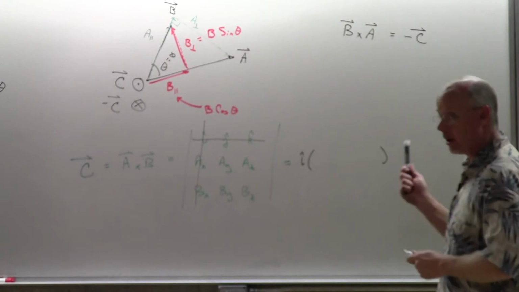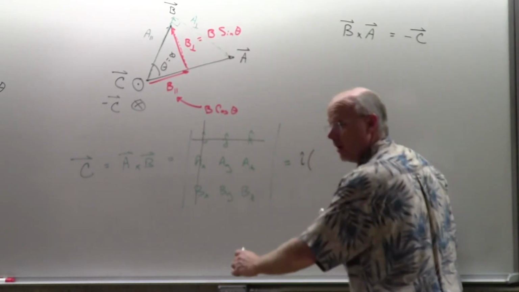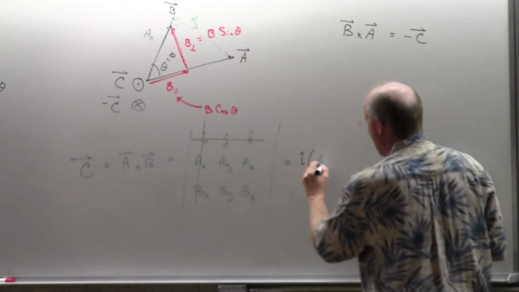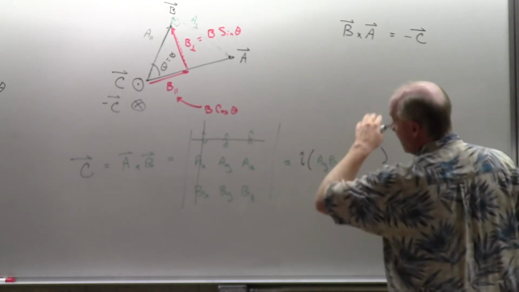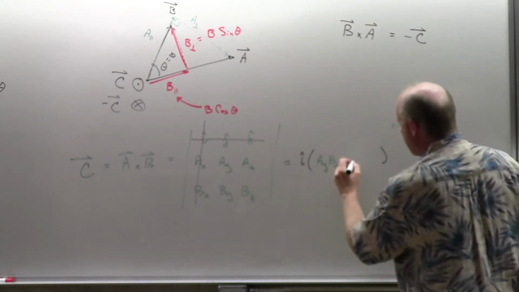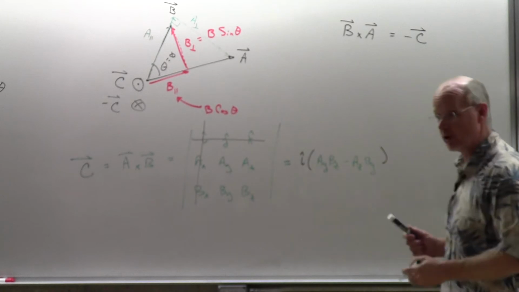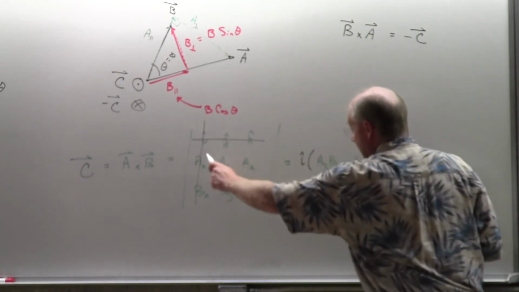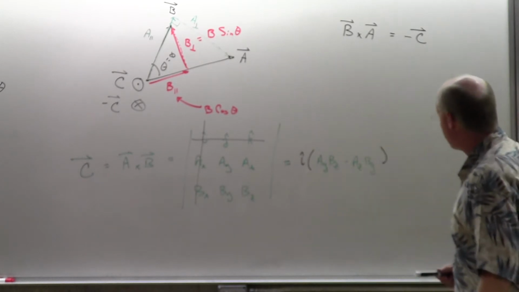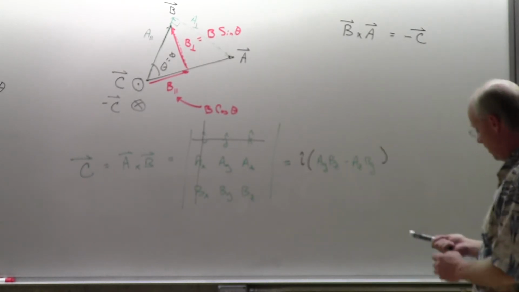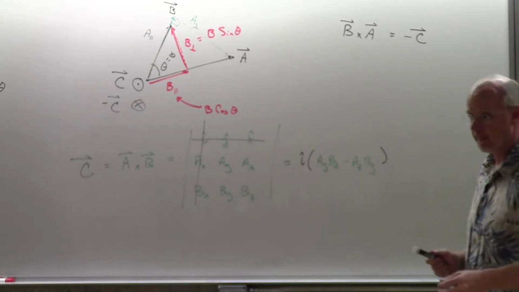And you do what I call kind of the swoosh thing. And you put the AY together with the BZ. Then since you're going backwards, you put a negative AZ with the BY. Do you kind of see that motion? Go across the diagonal, put those two together, subtract those two. And so that would be your first term.